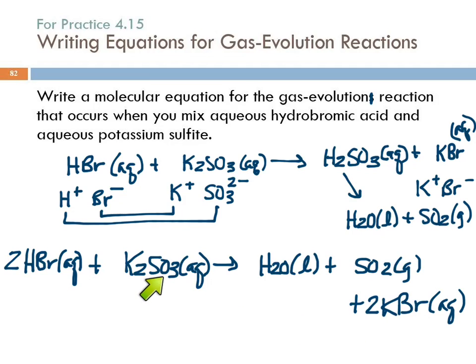SO3. Now, the SO3 came apart, didn't it? So we can't balance sulfite as a unit. So I have to look at the sulfur and the oxygen separately. Here's sulfur, 1 and 1 sulfur. Here's 3 oxygens. There's 1 oxygen in the water and 2 in the sulfur dioxide, and so there we go. Any questions?